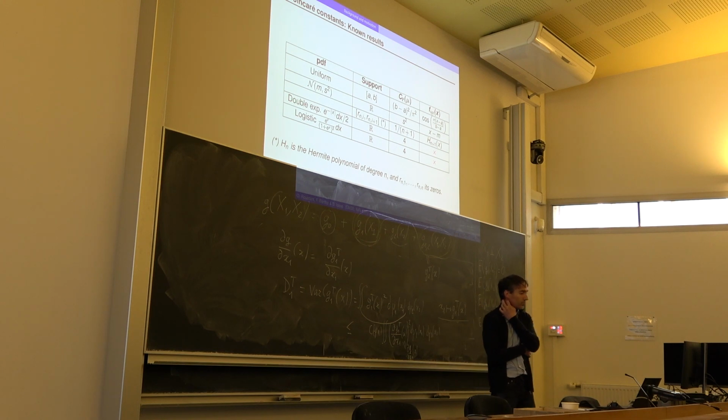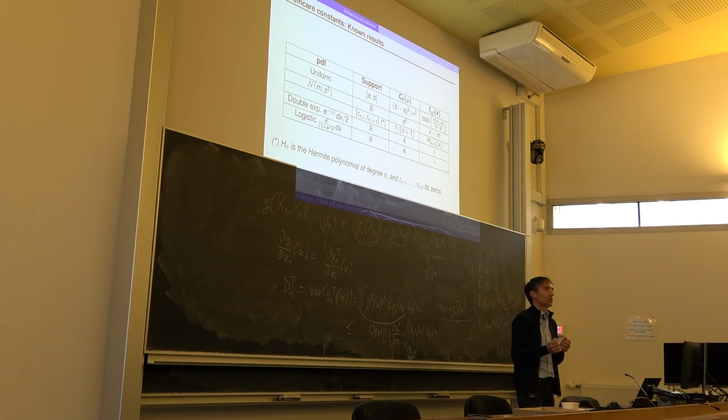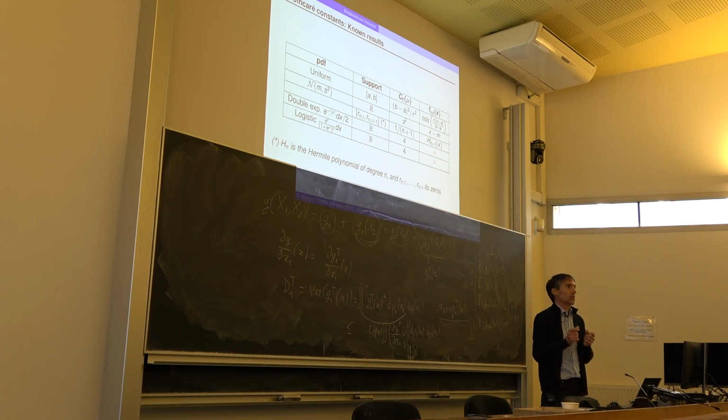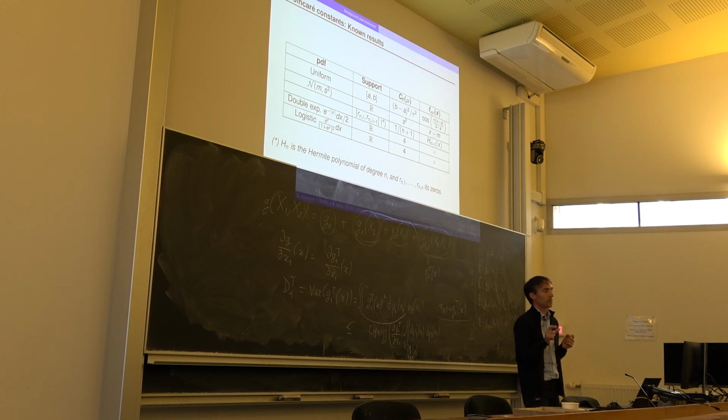So you have the result for the uniform distribution, for the normal distribution truncated on very specific intervals, which are the consecutive zeros of Hermite polynomials. Okay. And for some specific distributions, you know the result for the double exponential, for the logistic one. And that was all. Very surprising.